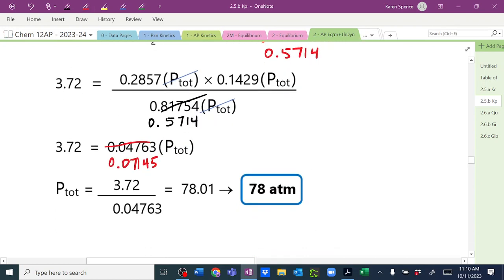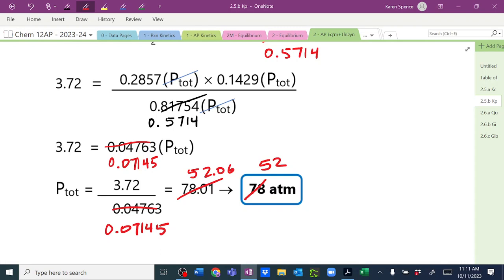Yeah, is that looking better? Is good? Okay, cool.